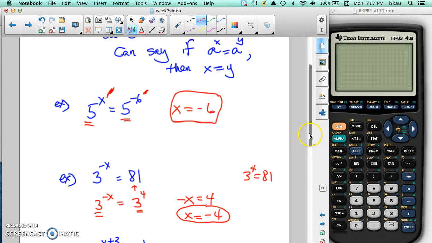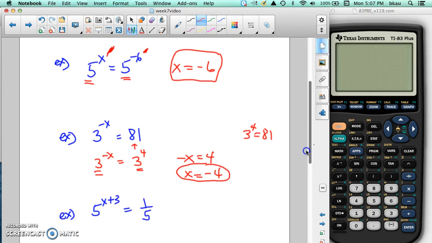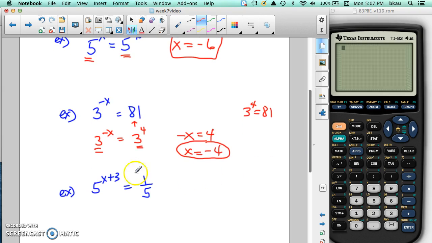All right, moving on to the next example. This one's a little bit trickier because it doesn't have a whole number. So we have to use what we know before. In a previous one I talked about this, where these are reciprocals of the regular powers. So in reality this is a power of negative 1.